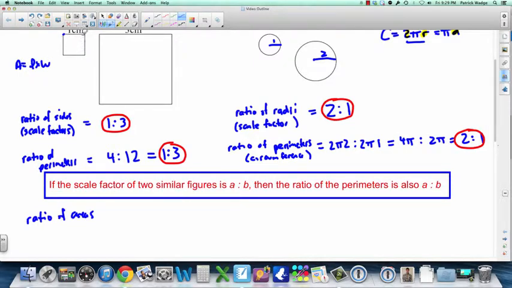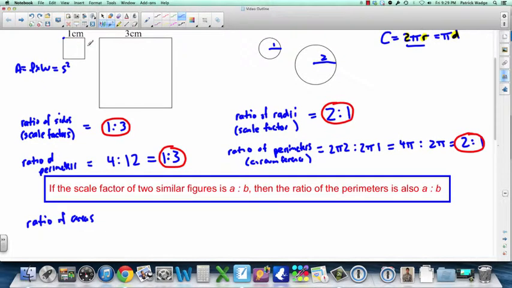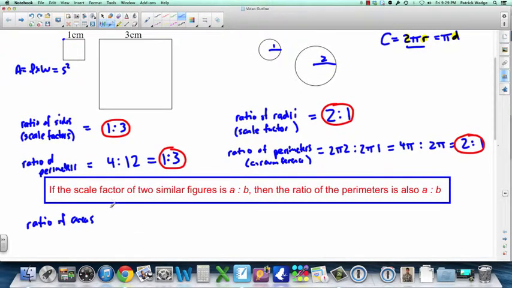Since length and width are the same with a square, you could also think of it as side squared. With the first square, since we did the small one first, it would be 1 times 1, or 1 squared. And the second one would be 3 times 3, or 3 squared.